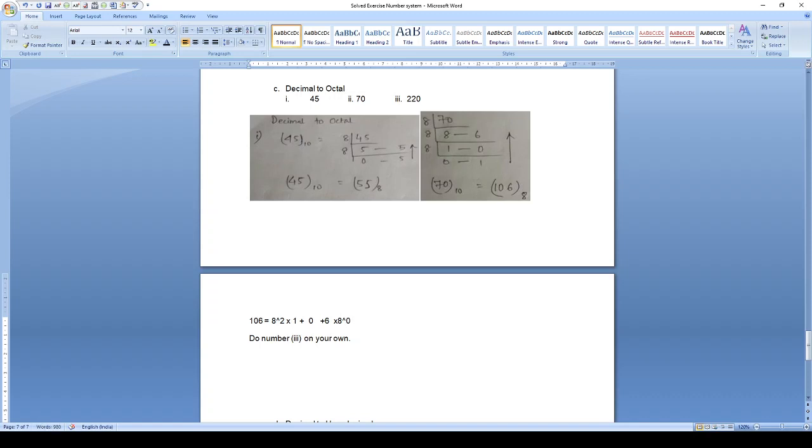Anything to the power 0 is 1. Right. So that is what we get.